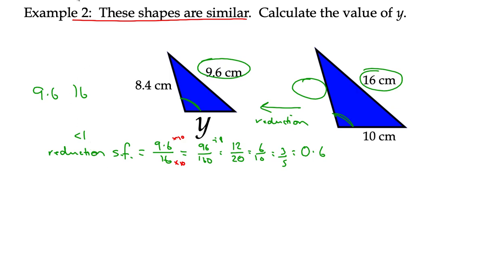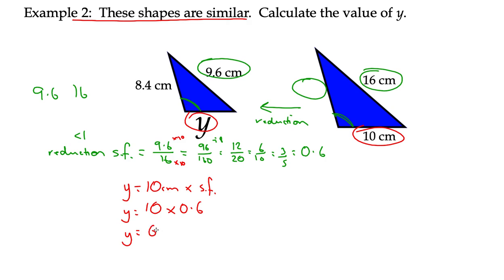I'm actually trying to work out then the value of y. So we can write down y equals. So our matching side is 10 centimeters. So we can say that y is going to be that 10 centimeters multiplied by our scale factor. I can put the numbers in. So that's 10 multiplied by 3/5 or 0.6. In this case here then, y is going to be 6 centimeters.